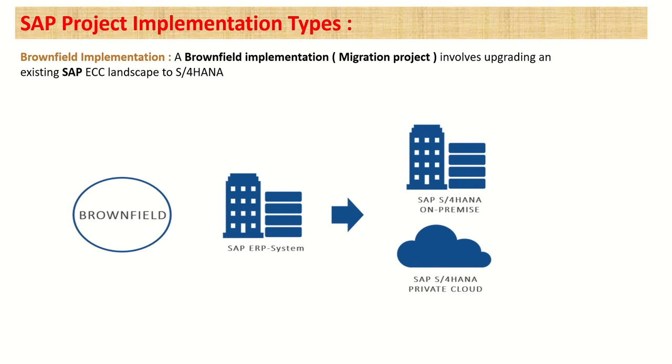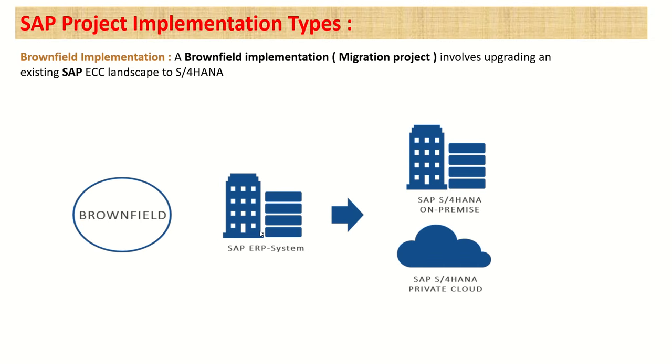So the next is a brownfield implementation. Brownfield implementation we can also call a migration project. In this brownfield implementation or migration project, the scenario is the company is already using an SAP system.